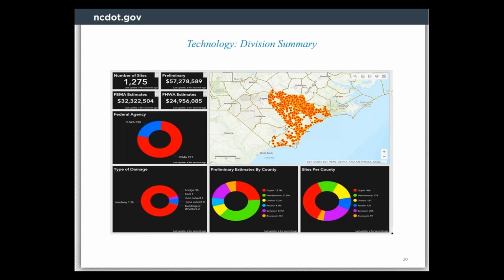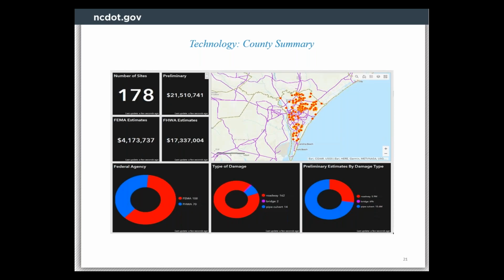If a representative was interested in a district or a senator wanting to know just the damage in their area, we could provide that information. We could take this information down to the county level. This is New Hanover County, one of our coastal counties that had 178 sites identified with damage. So just a powerful tool that has all the information in one spot.